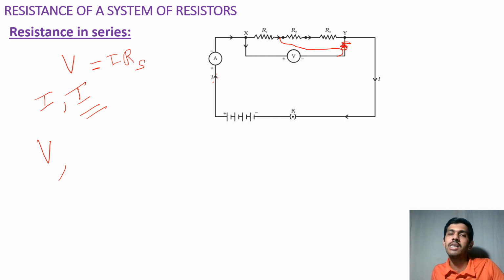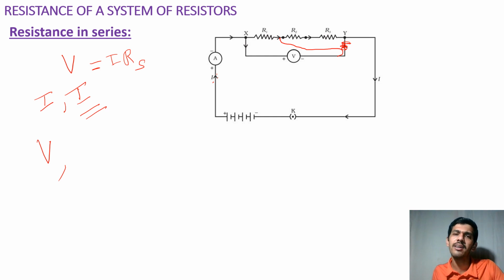Initially the value of voltage I was getting is the potential difference across the points X and Y, that means across the series combination of resistors. Now, the value of voltage I am getting is across only R1. Am I right? So when I connect this Y terminal somewhere here, whatever value of V I get in the voltmeter is the potential difference across the resistor R1.